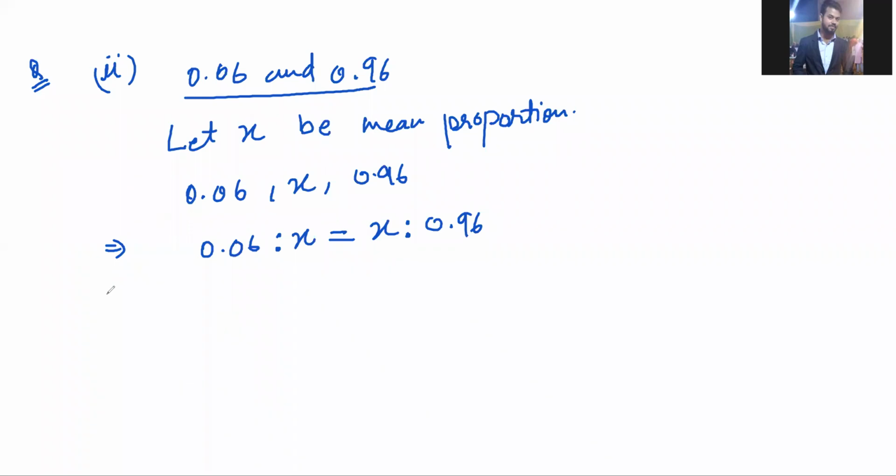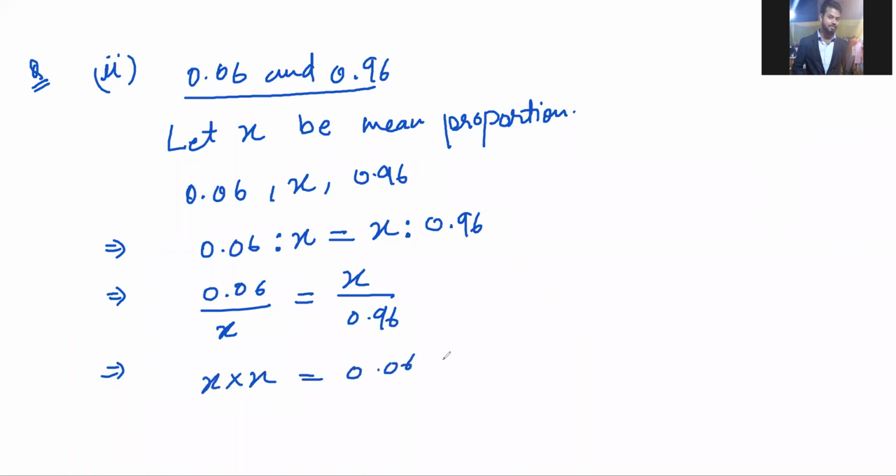Now we write them in fraction form. So 0.06 upon X is equal to X upon 0.96. Okay, so now do cross multiply X with X, and 0.06 multiply 0.96.